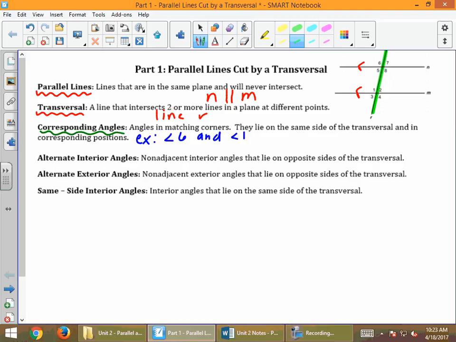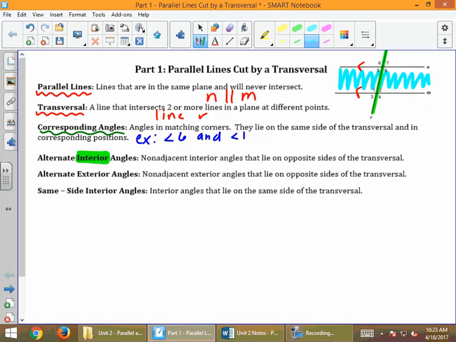And alternate interior, so think the word interior, means inside. So that means it's in between the two parallel lines. So inside parallel lines is this space right here. That's inside. That's in between the two lines.